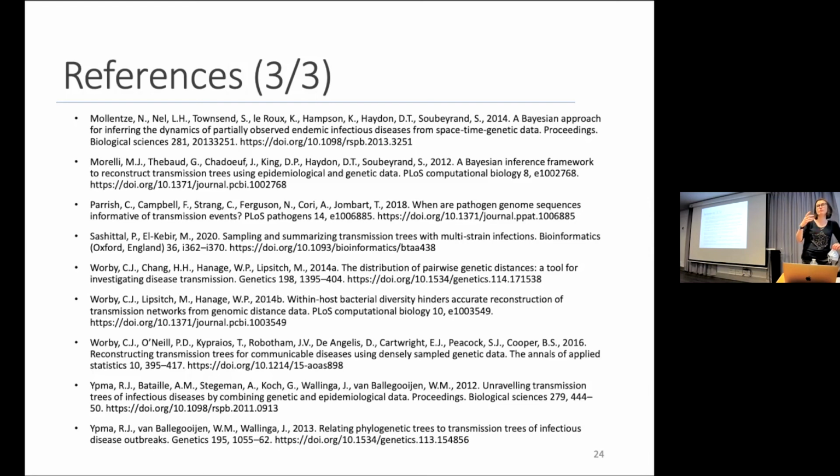Là, c'était vraiment, si je me souviens bien, est-ce qu'on prend en compte ou pas l'évolution intra-hôte, ou un transmission bottleneck, mais ils ne sont pas allés dans les détails des modèles utilisés derrière. Je n'ai pas présenté tous les détails des méthodes une à une, ça allait être un peu long.